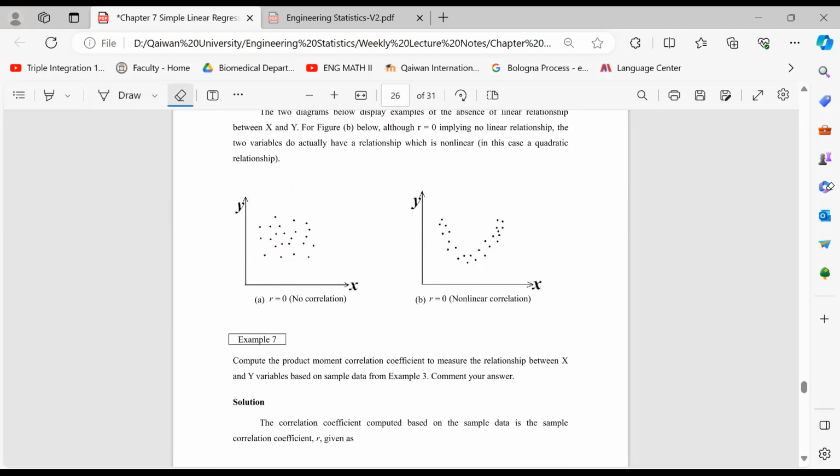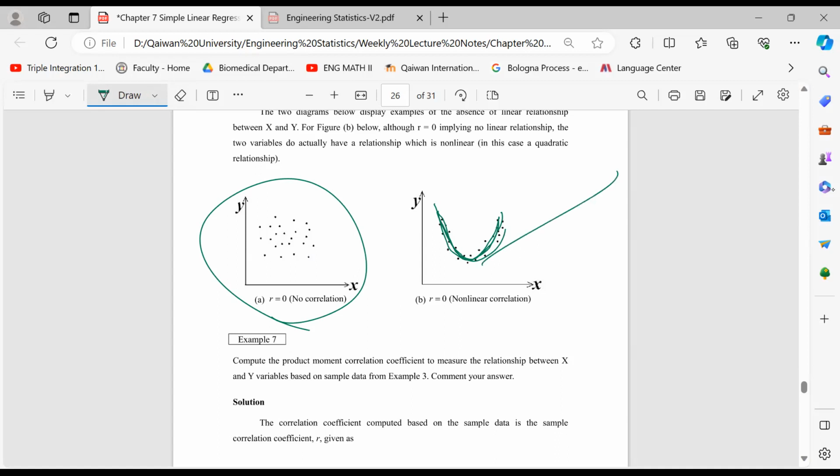So it's not correlated. Here, there is no correlation between x and y. What if we have something like this? It's not a straight line. If it is a straight line, we have a linear correlation. But if it's not a straight line, we need to draw a curve, which means it's a non-linear correlation. Identify this: we have linear correlation, non-linear correlation, and also no correlation.